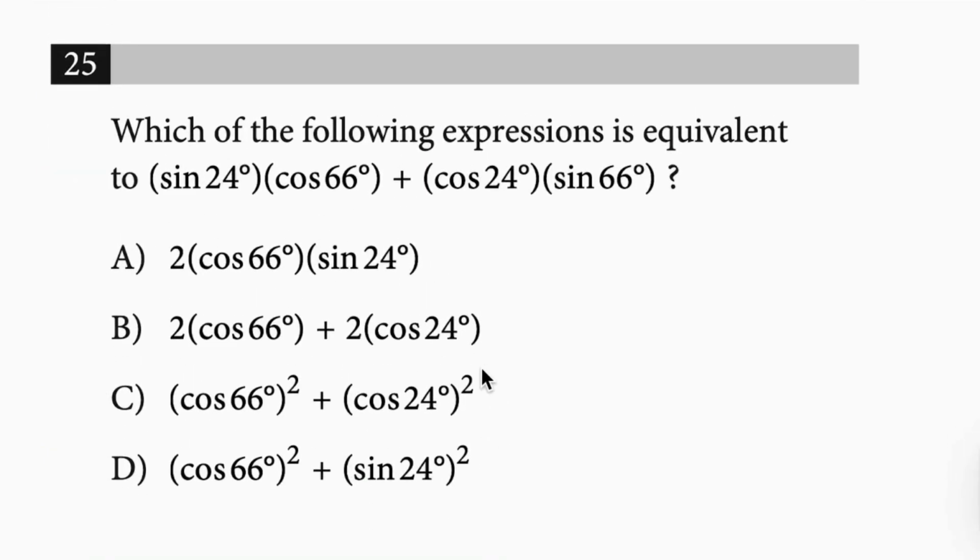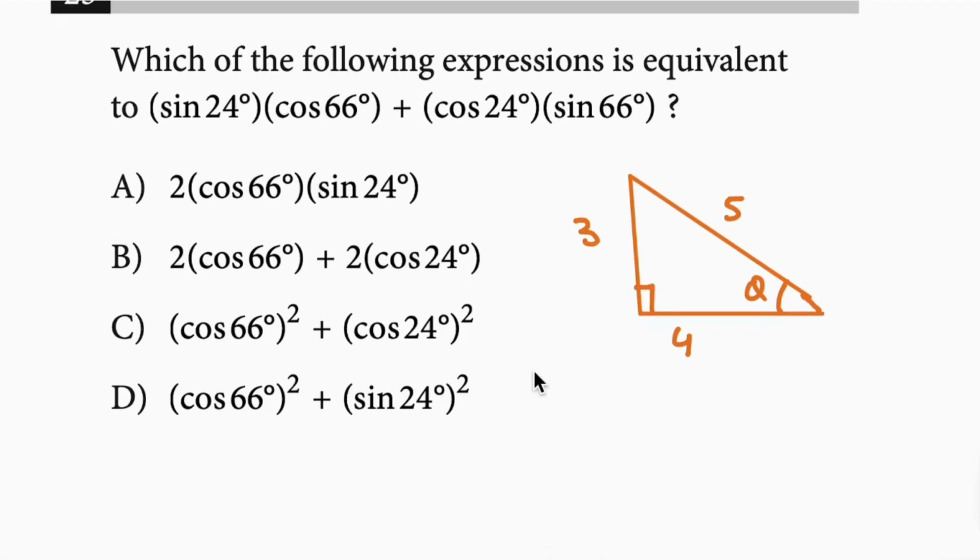Okay. Before doing this question, let's understand its property first. This is a triangle. Let's say this is 3, 4 and 5, and this angle is 90 degrees, and this angle is theta. If I apply the angle sum property here, this is 90 degrees and this is theta, plus whatever this angle is, equal to 180 degrees.